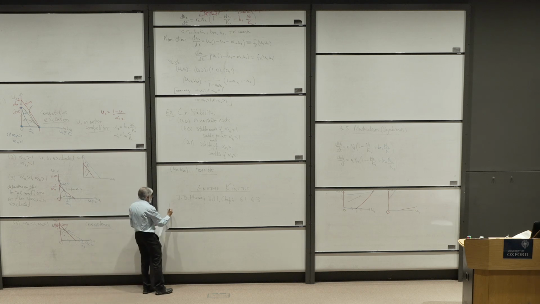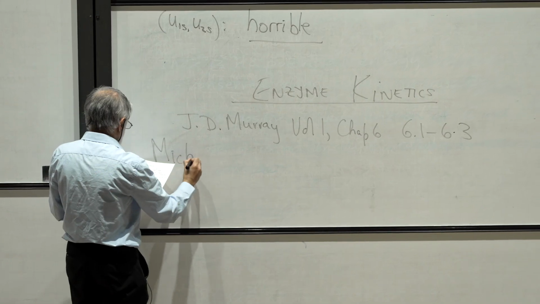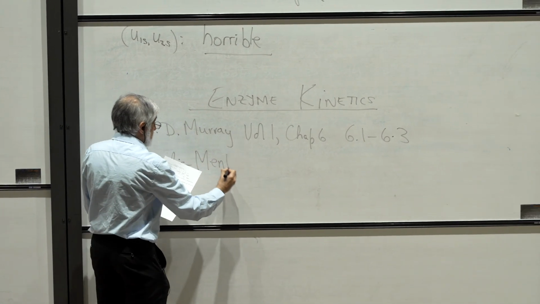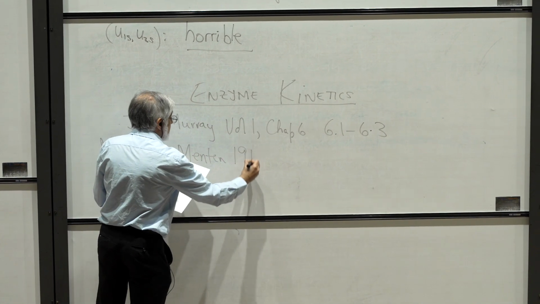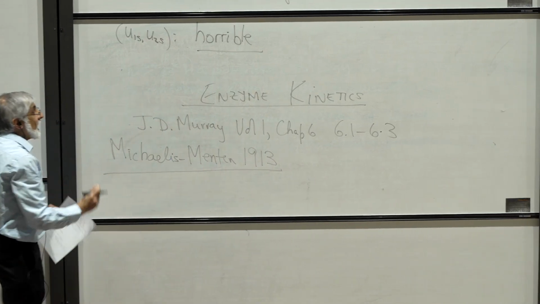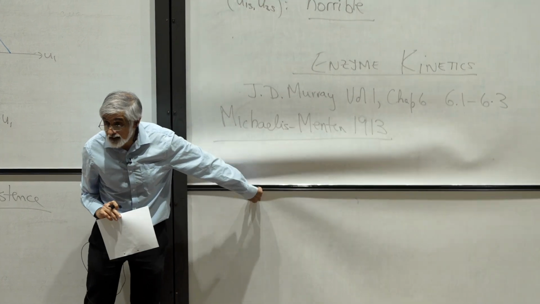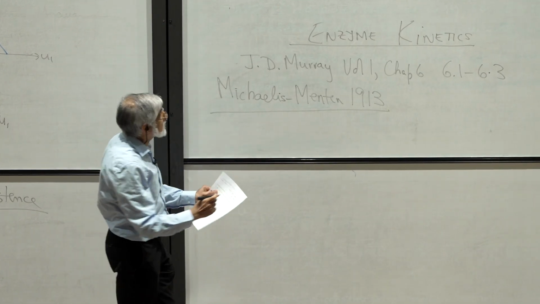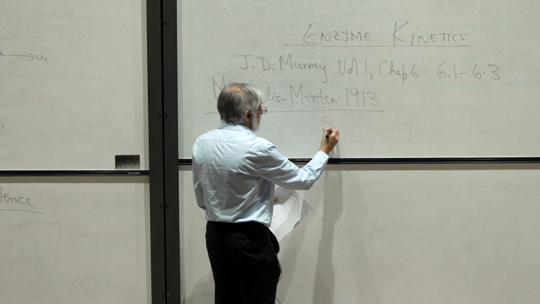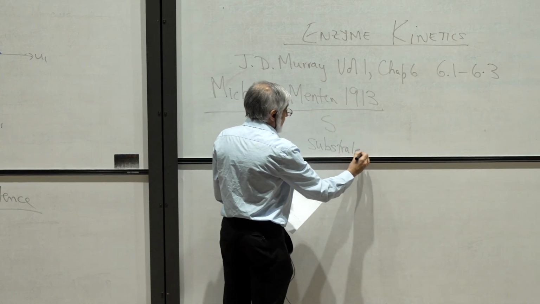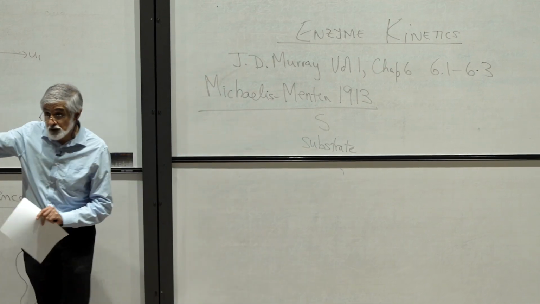And the classical reaction for this is what is called Michaelis-Menten. And that goes back to 1913. And you should know that an enzyme is a catalyst. It speeds things up. So we have S, which is some substrate, and that's got to turn into something.